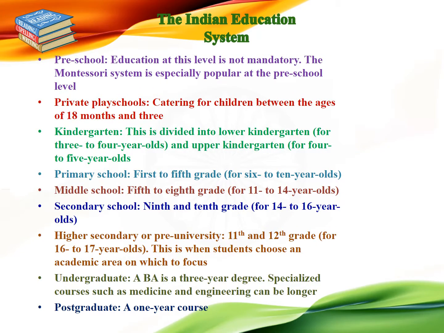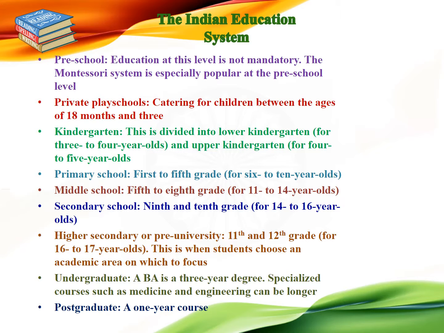Now, when talking about the Indian education system, it's very interesting to see that preschool is not mandatory. However, the Montessori system is especially popular at the preschool level. Then there are private play schools, upper and lower kindergarten, primary school, middle school, secondary school, and higher secondary or pre-university.